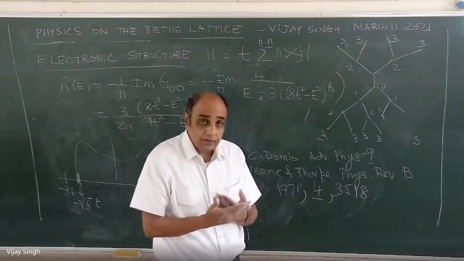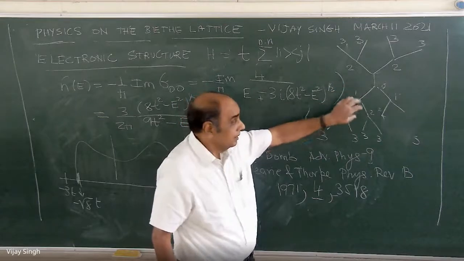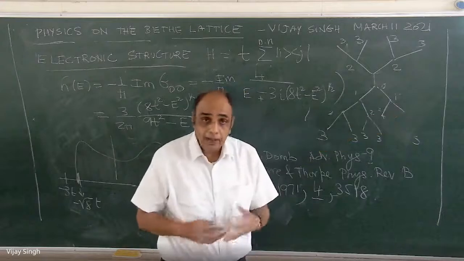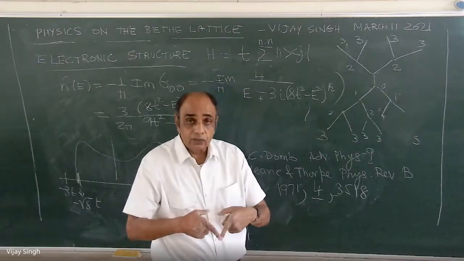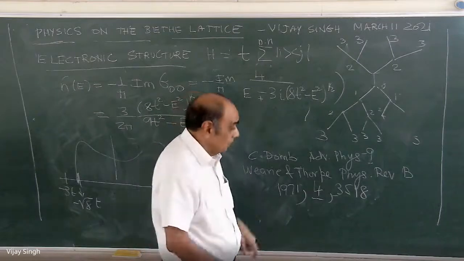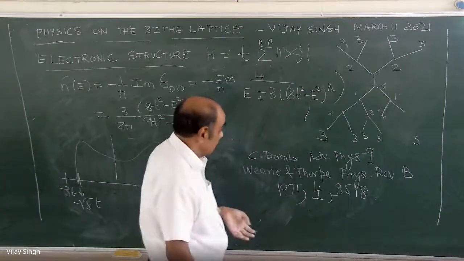Basically, the property that we have used is the self-similarity of the Bethe lattice. This side is the same as this side is the same as this, and the non-connectivity. The branches don't connect to each other. There are no closed loops, unlike a two-dimensional lattice or a three-dimensional lattice.